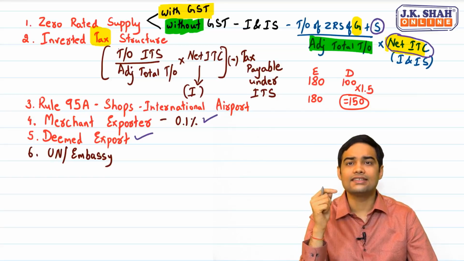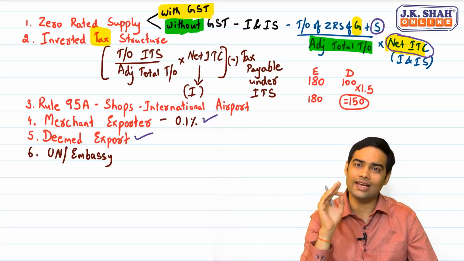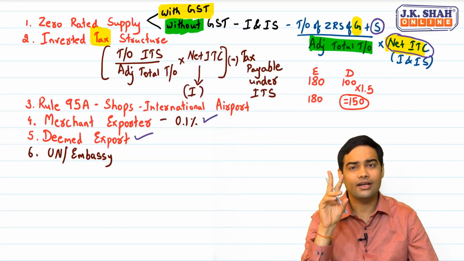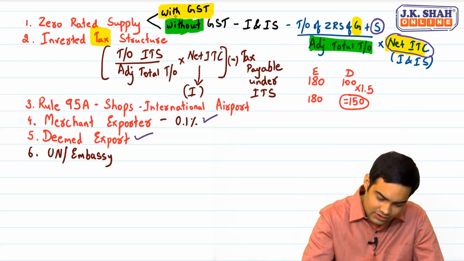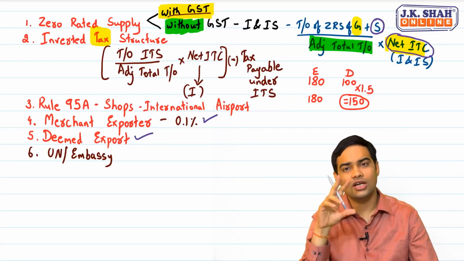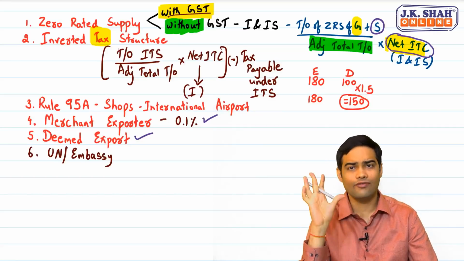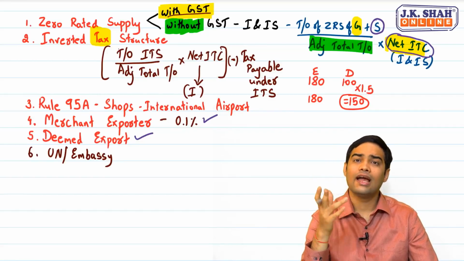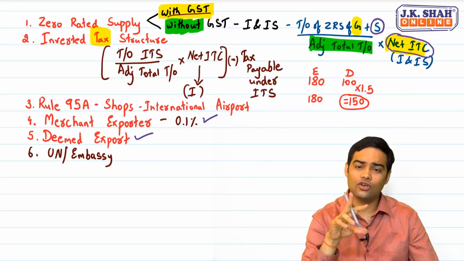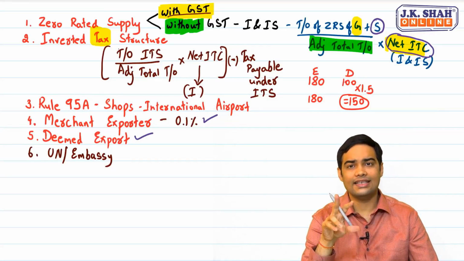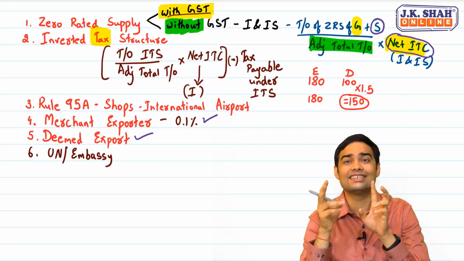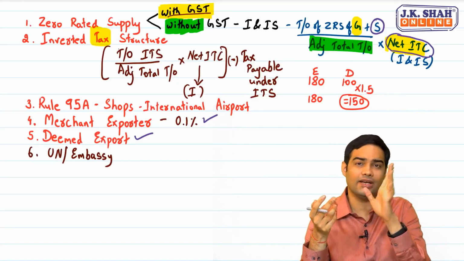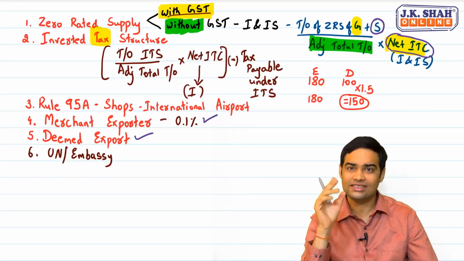In such cases, the time limit is the due date for filing return for that period, and 2 years from there you can claim refund. If it is with GST, then it depends on whenever you have exported the goods, that time, and for services it would be raising the invoice plus receiving the payment, whichever is later. Once both the events are completed, that would be considered for services.